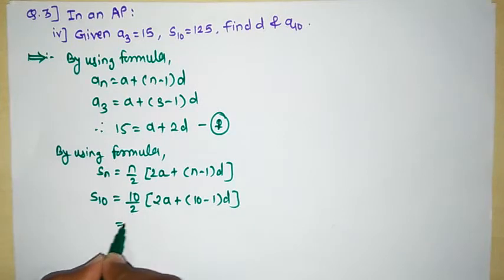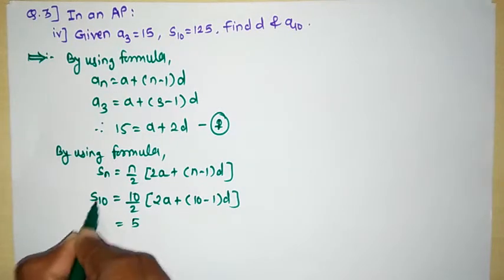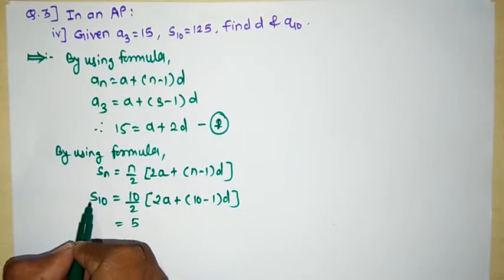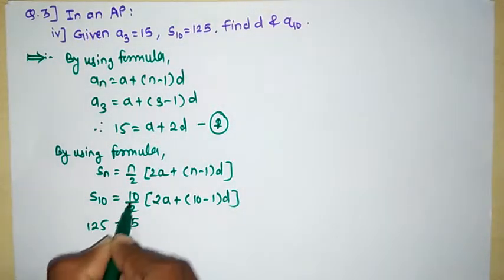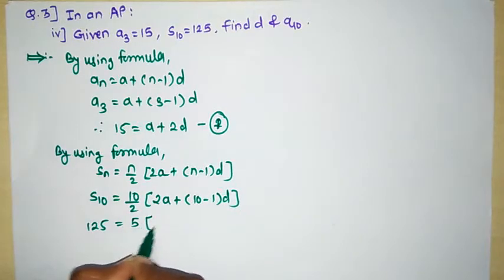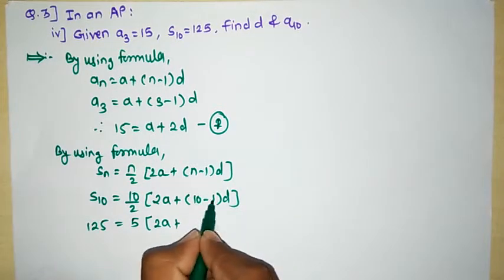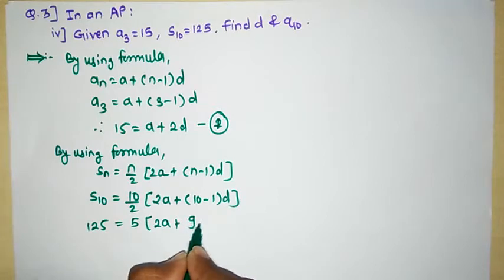Now 10 by 2 is equal to 5, and also we have to put the value of S10. What is the value of S10 here? S10 is 125, put here 125. 10 by 2 is equal to 5 into 2a plus 10 minus 1 into d. 10 minus 1 is 9 into d.